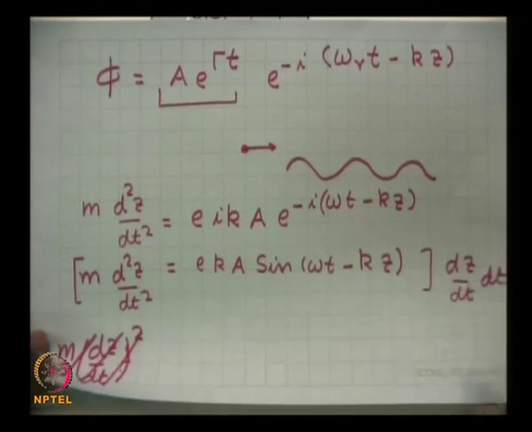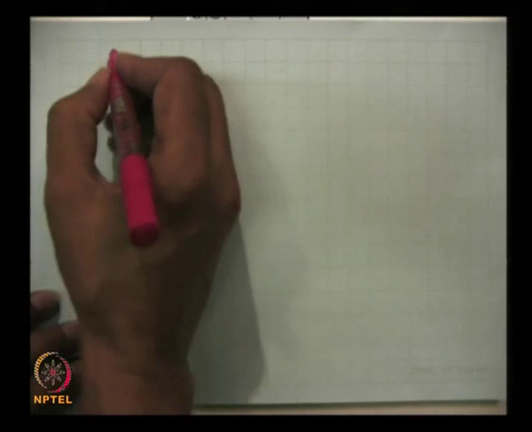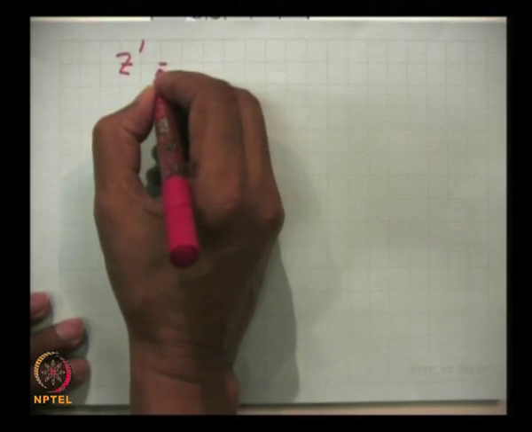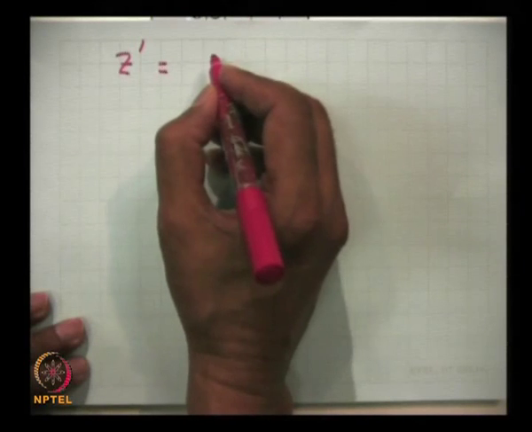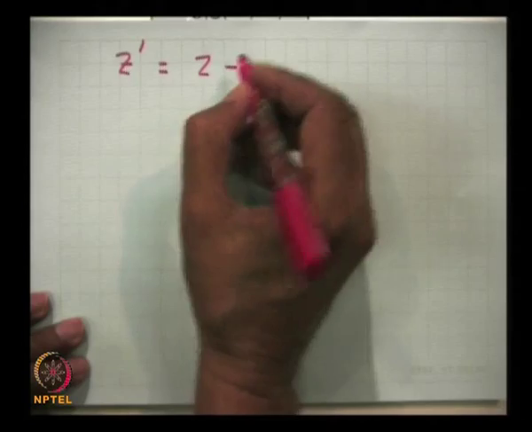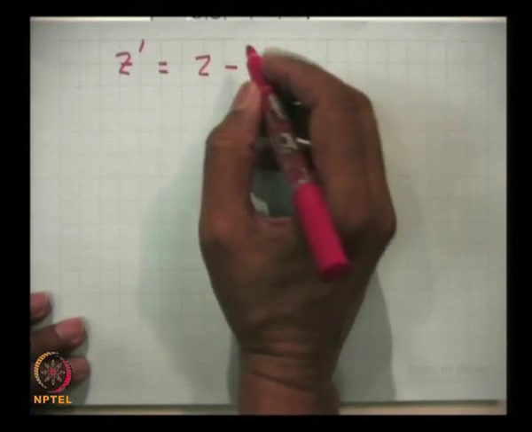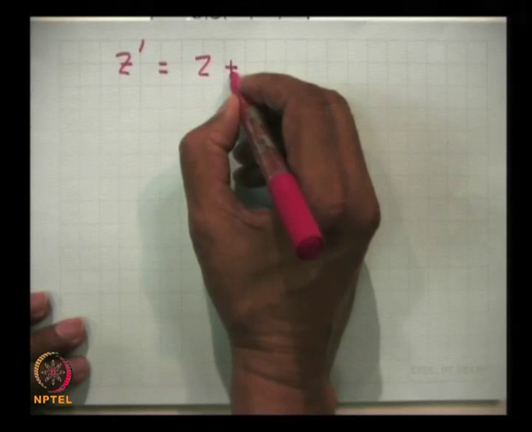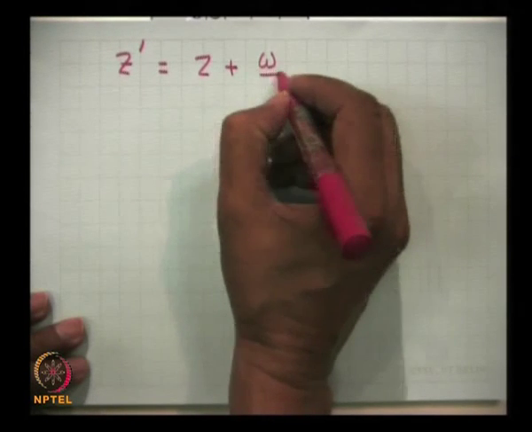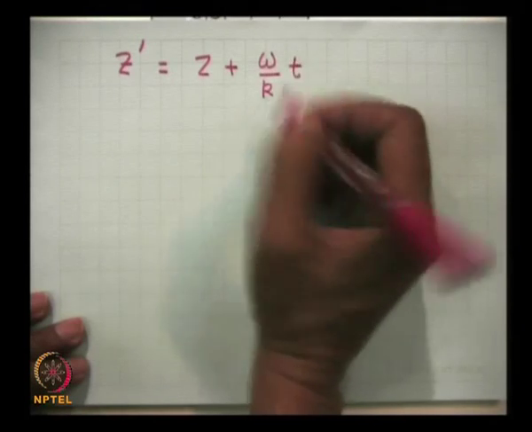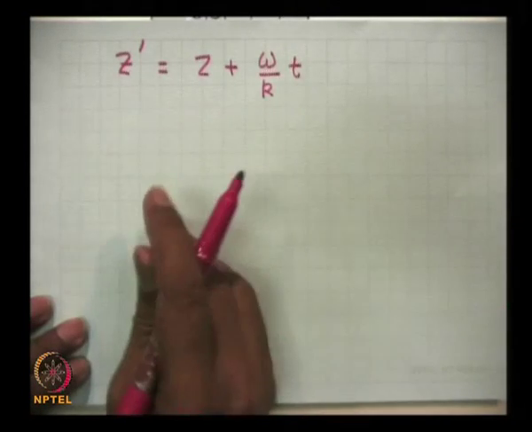I will do the following. I introduce a new variable z prime, which is the coordinate of any point in a moving frame, moving with the velocity of the wave. So let me call this quantity z prime is equal to z plus omega upon k into t. Let me introduce a new variable.